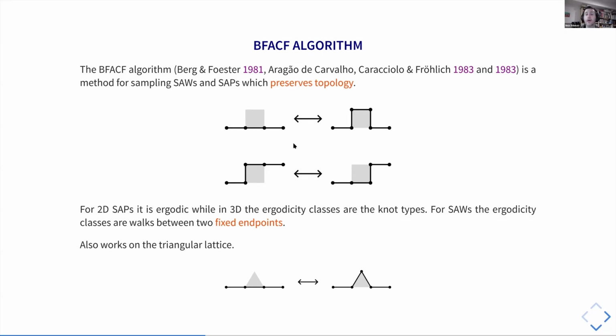And so I've now got this set of ergodicity classes where the ergodicity classes are exactly the knot types. So I can get from any unknot to any other unknot. I can get from any figure eight to any other figure eight. I can get from any right-handed trefoil to any other right-handed trefoil, and so on. So it preserves topology, but within a given topology, I can get from any polygon to any other polygon.